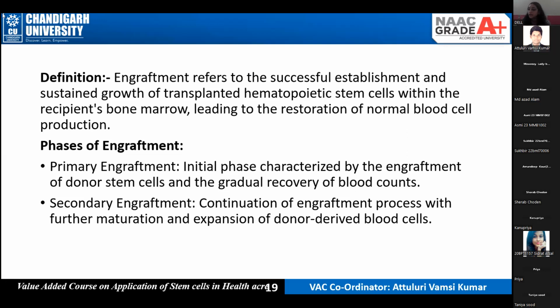We can also say it is what happens when donor hematopoietic stem cells are infused into the recipient's body. How are we going to achieve that goal? We are going to see that process in different categories: first the primary engraftment and then the secondary engraftment.